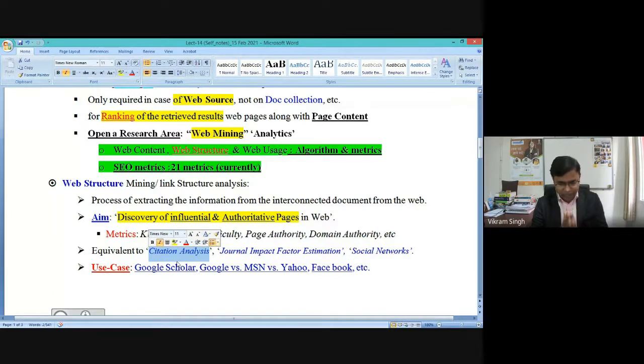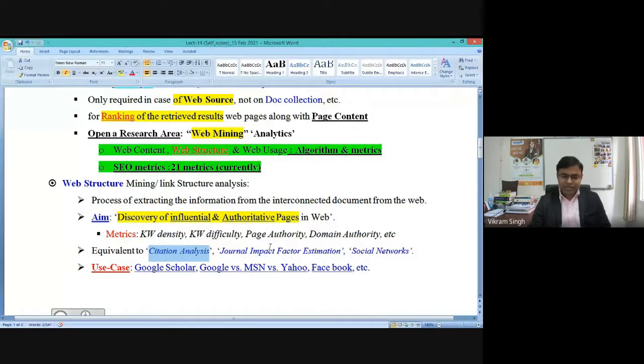So whenever we search for a certain keyword in these platforms, it considers these authority matrices to arrange these research articles which have been retrieved by the platform, right?